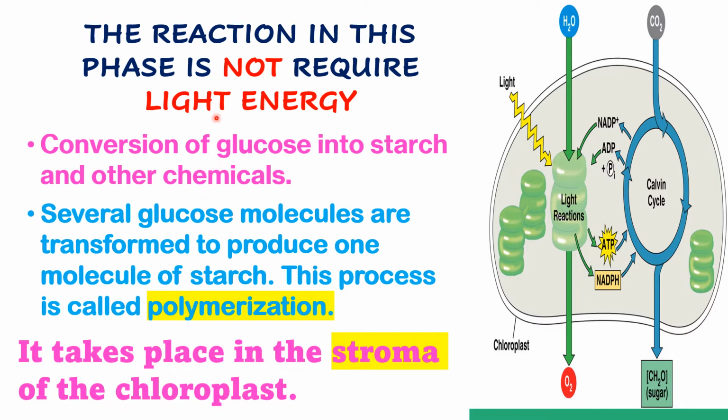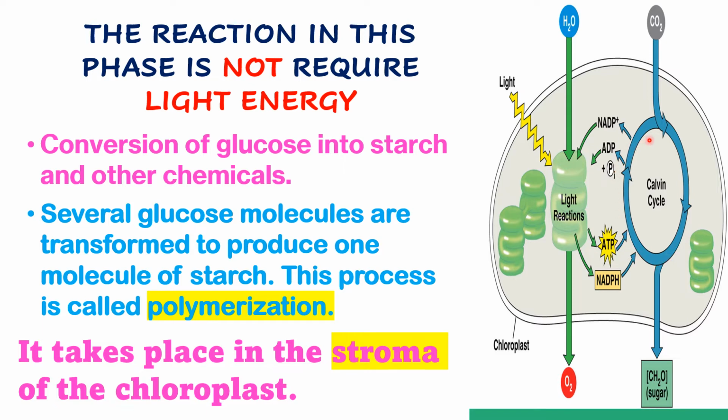That's why that phase is known as light independent phase. This light independent phase takes place in the stroma of the chloroplast. Here you can see the ground substance present in the chloroplast, that is known as stroma. Then light independent phase or dark phase occurs in the stroma of the chloroplast.